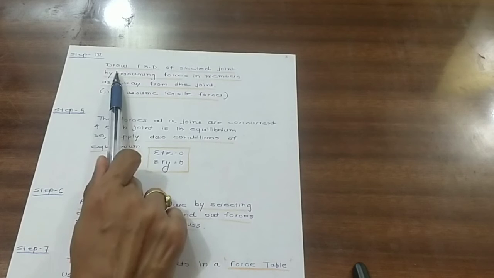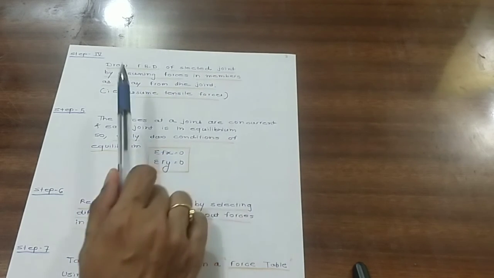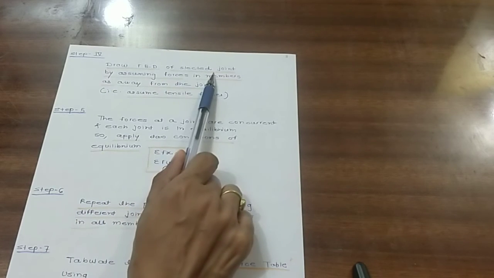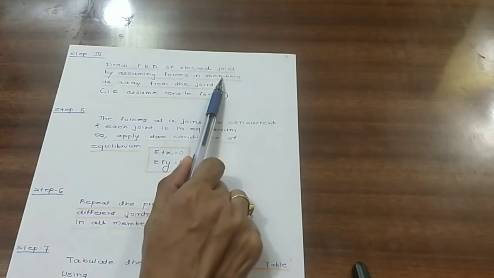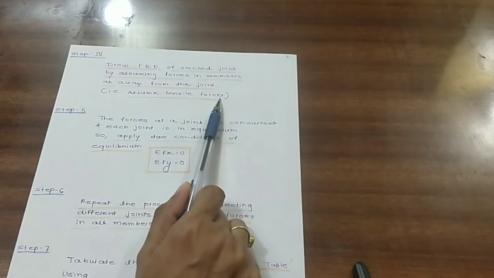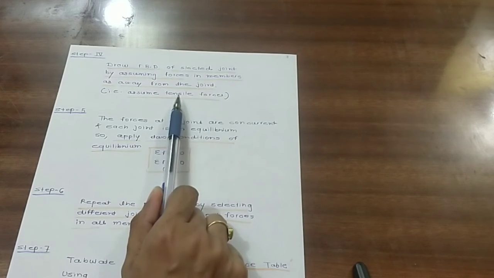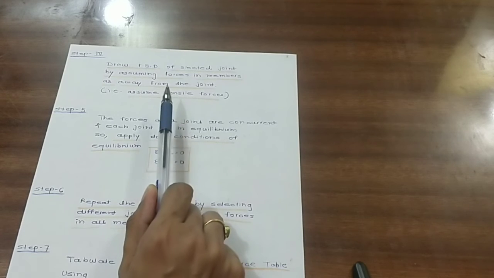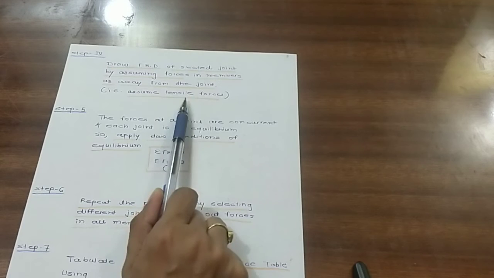Step number 4 is draw free body diagram of selected joint by assuming forces in members as away from the joint, that is assume tensile forces. Means you have to select each joint individually and the direction of the forces in those members is away from the joint.